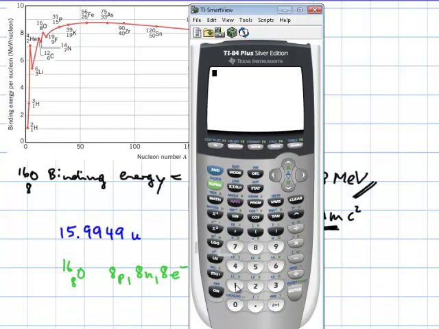For the neutron I'm going to calculate an atomic mass of 1.674927 times 10 to the negative 27, divided by the atomic mass unit itself, 1.660505 times 10 to the negative 27.